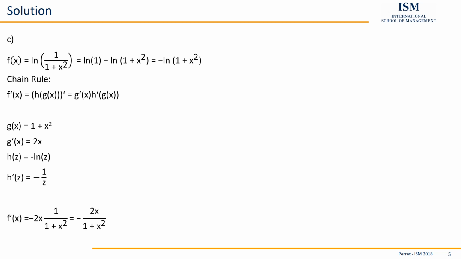That's what it looks like, and then we can just move the 2x to the top of the fraction. Then it looks as minus 2x divided by 1 plus x squared. Solving thereby the third and final part of this exercise.